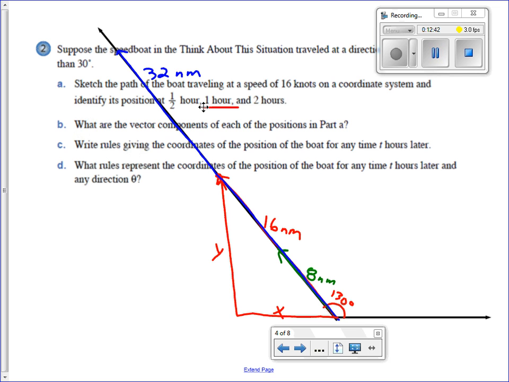That was 16 times 1 times the cosine of 130, and 16 times 1 times the sine of 130. Which comes out to be a negative 10.28, comma 12.26.